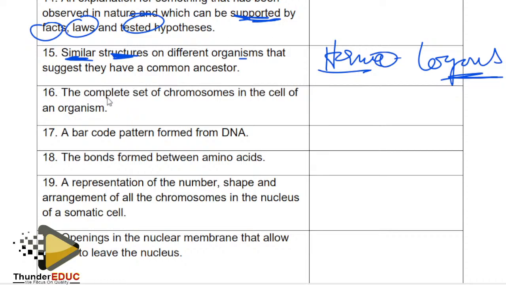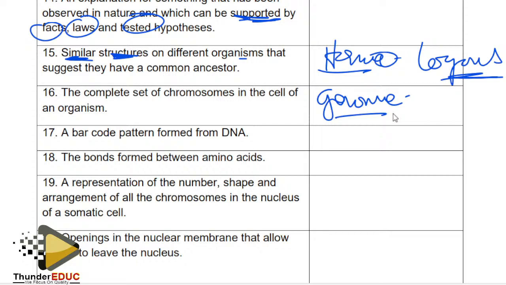Then they're saying the complete set of chromosomes in a cell. How do you call that? It is a genome. You confuse three things: genome, karyotype, and genotype.